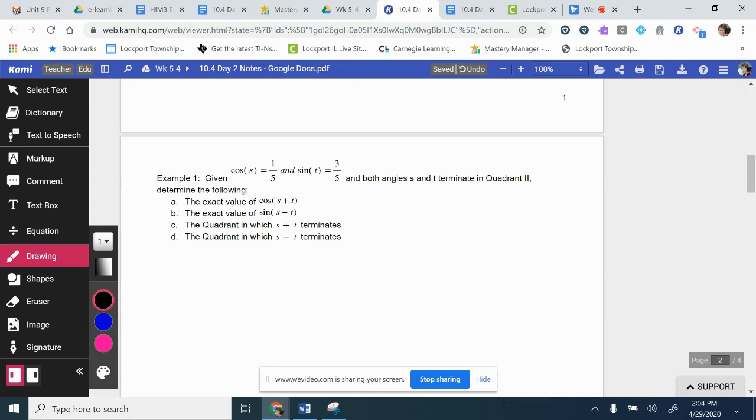What we're asked to do is, given that the cosine of s is 1 over 5 and the sine of t is 3 over 5, and both angles s and t terminate in quadrant 2, determine the exact value of cosine of s plus t, sine of s minus t, which quadrant s plus t terminates in, and the quadrant in which s minus t terminates. To kick off this problem, we're going to give ourselves a visual.